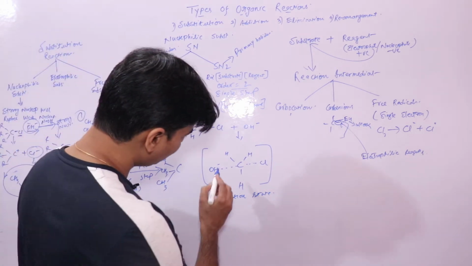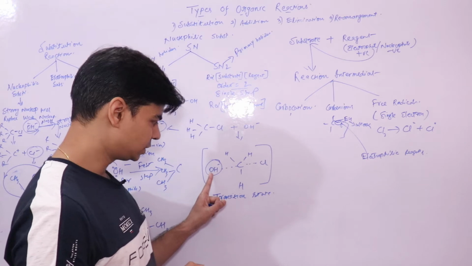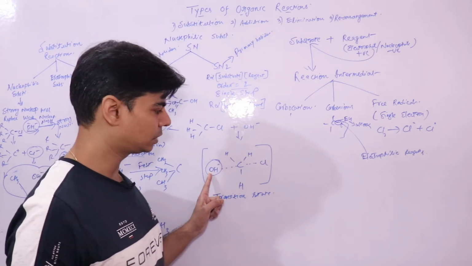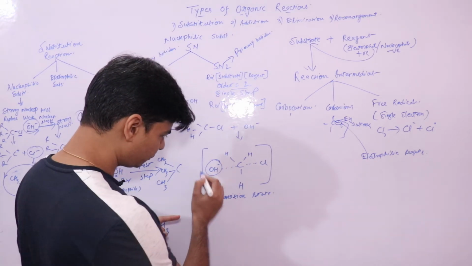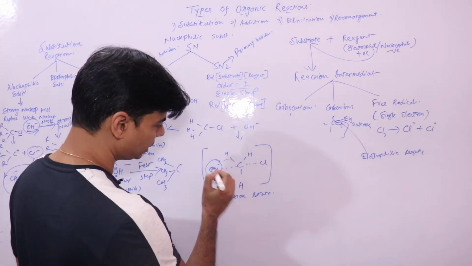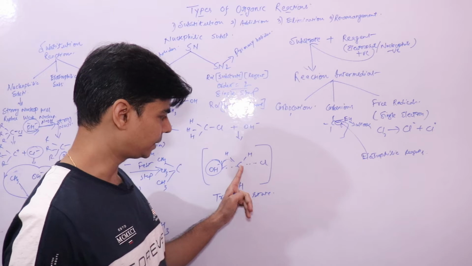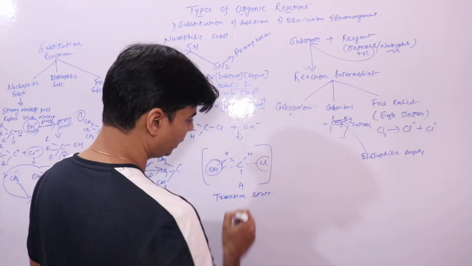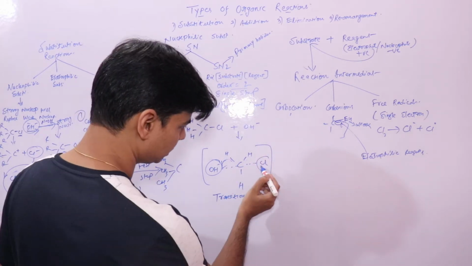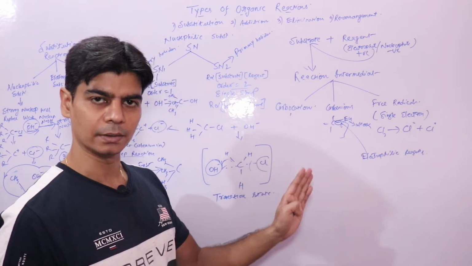Now, since OH is a strong nucleophile, the oxygen has a strong electronegativity. So this strong nucleophile will attract the shared pair of electrons towards itself, thereby forming a bond with the carbon atom, and this Cl will leave, the bond with Cl will break. Why?